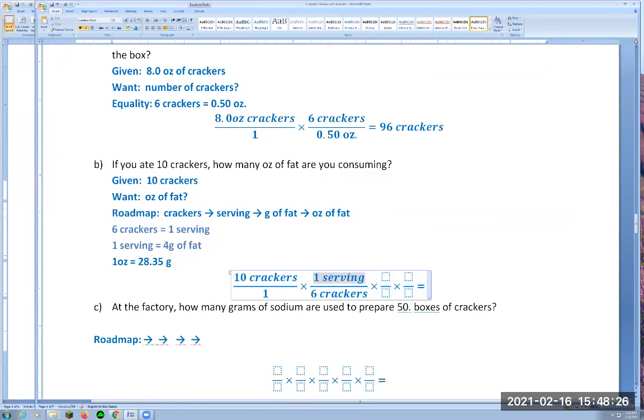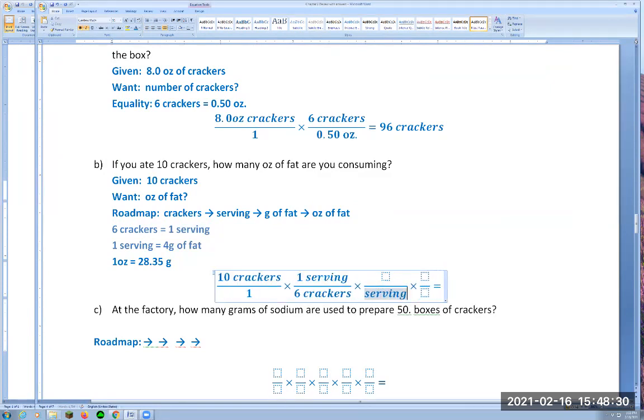Next, we want to cancel the unit of serving, right? Because this is something we don't need to keep. So it's an intermediate unit and it's going to be 1 serving. And remember here, we need to change the serving to grams of fat using this equality. So 1 serving is 4 grams of fat. That's on the numerator. Servings cancel and we have grams of fat at that point.